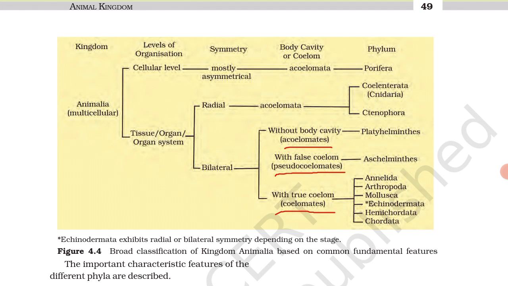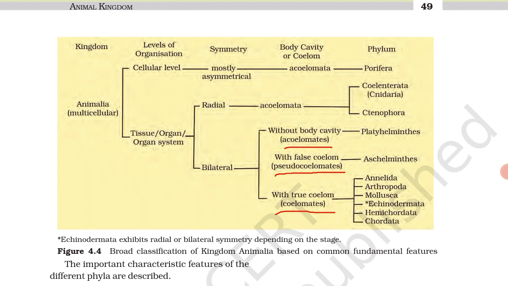The example of an asymmetrical animal is sponges, because they do not divide the body into two equal halves, so they are called asymmetrical animals, and their body cavity is acoelomate. The phylum is Porifera. So the cellular level organization is seen in sponges, which are kept in phylum Porifera.